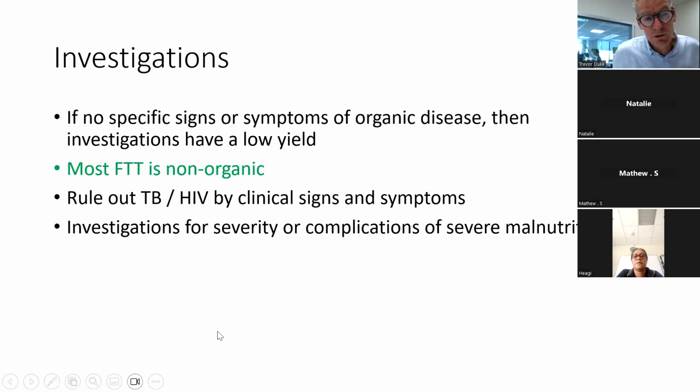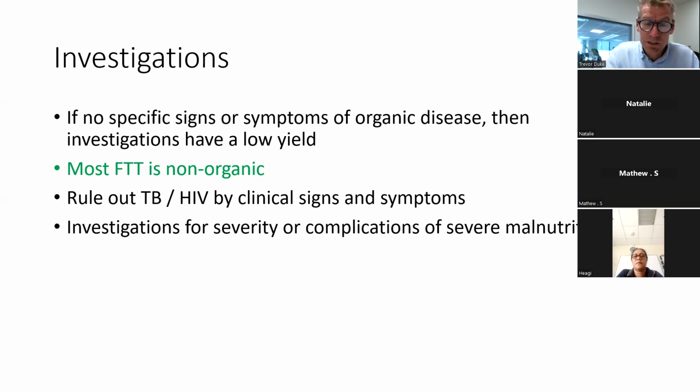Often we don't need to do many investigations for children with failure to thrive, and that's because if there's no clinical features suggesting an organic disease, then mostly investigations have quite a low yield. Now, it depends how severe the child is, and often these children with failure to thrive present when they have an intercurrent infection.